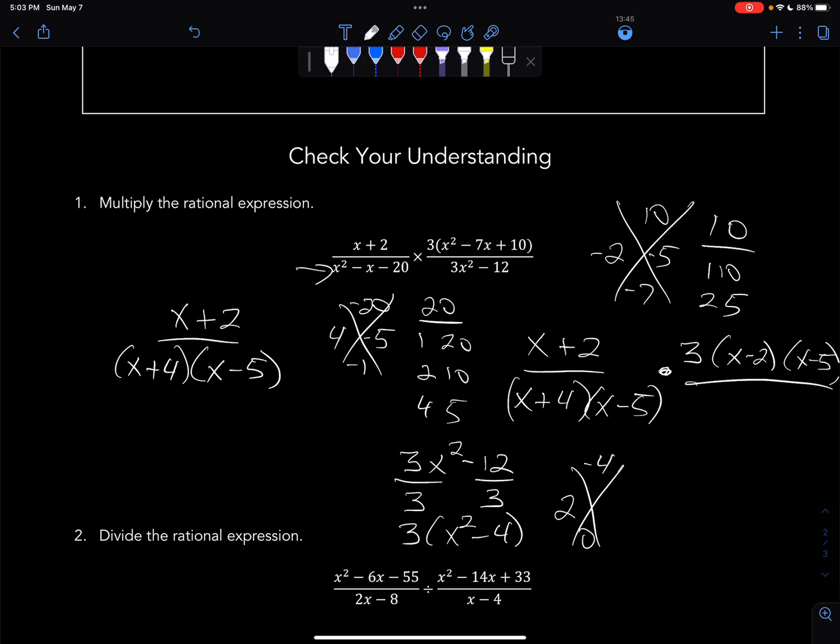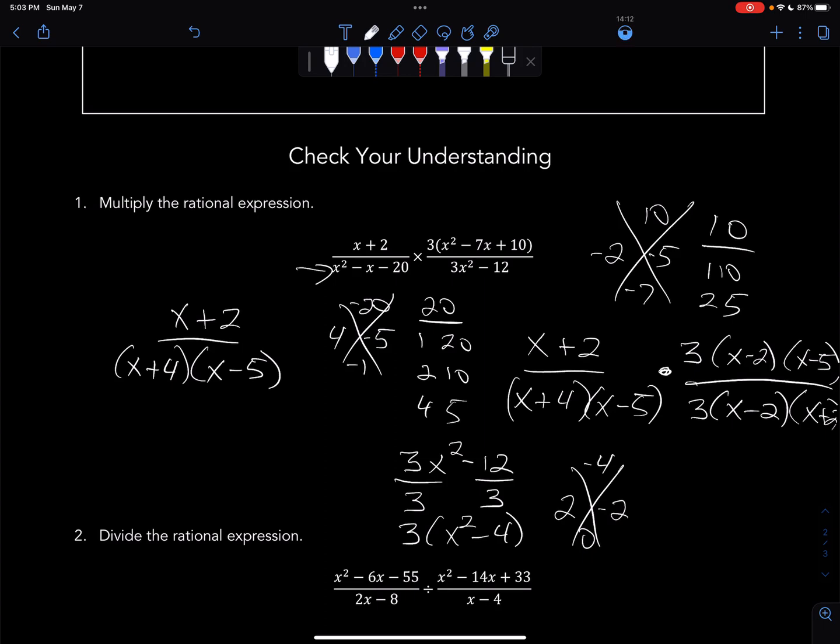And then the only factors of 4 that we can add up and get 0 are 2 and negative 2. When I multiply these two, I get negative 4. When I add them, I get 0. So this bottom factors to 3, parenthesis, x minus 2, x plus 2.